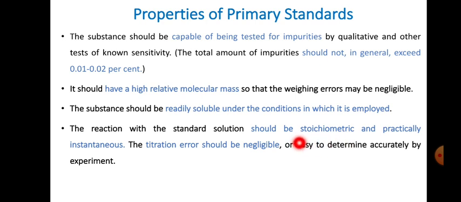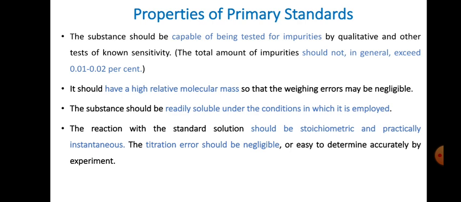In titration we have two concepts. One is the stoichiometric or equivalence point, and the other one is the end point. The stoichiometric point is the point at which the chemical reaction is chemically completed, right? The reaction between the two reactants, titrant and titrate, is chemically completed, and the end point is the point at which the reaction is over and the color change is observed.